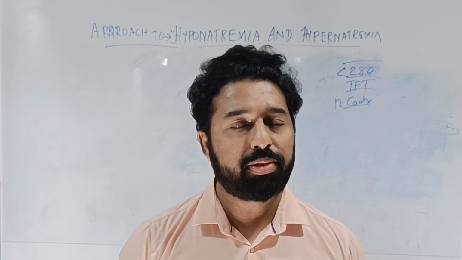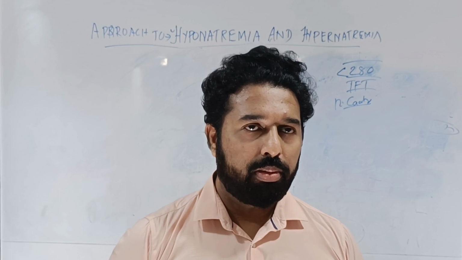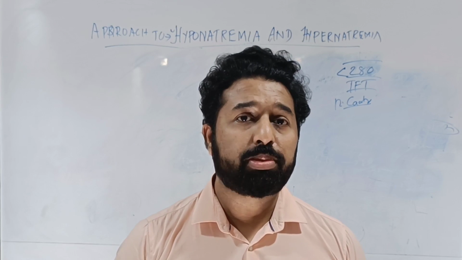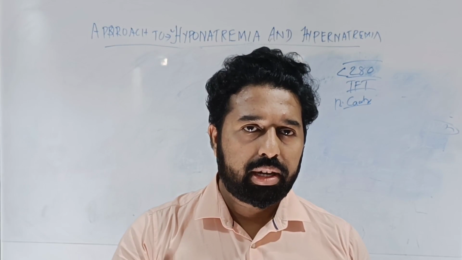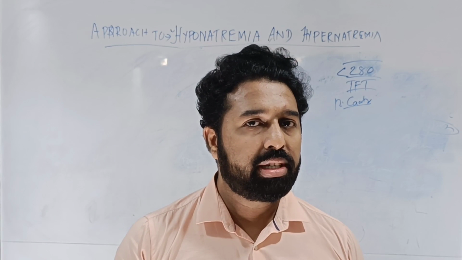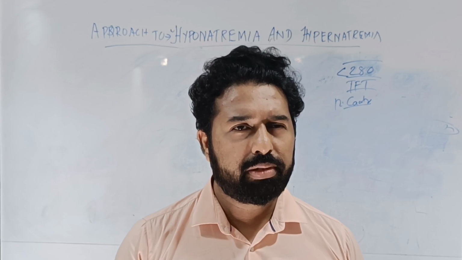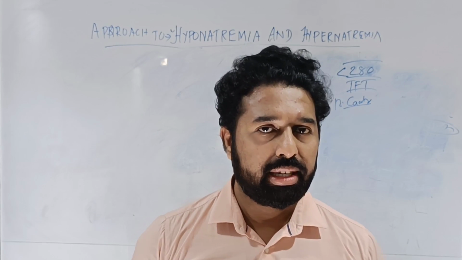Only if all 5 criteria are satisfied, you can say that it is SIADH. That is why, once the patient is euvolemic, and the serum osmolality is low, it is a true hyponatremia. It is to satisfy the fifth criteria that we send for thyroid function test and random cortisol. If there is an abnormality showing hypothyroidism or hypocortisolism, we cannot write the diagnosis as SIADH.